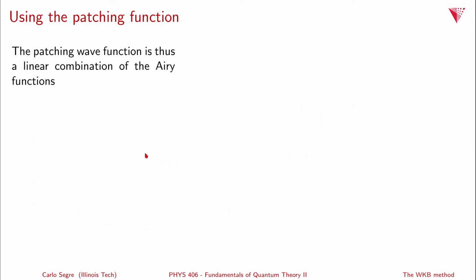So the patching wave function, therefore, is a linear combination of the Airy functions. So we can, in the most general form, write psi p is equal to a times the Airy function Ai of alpha x plus b times Bi of alpha x.